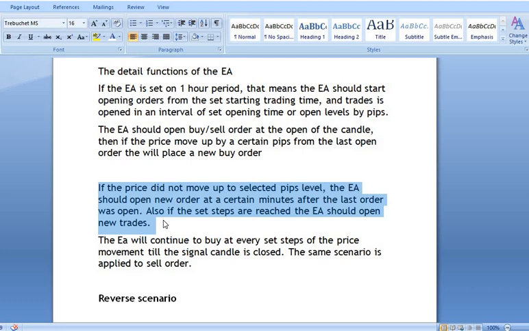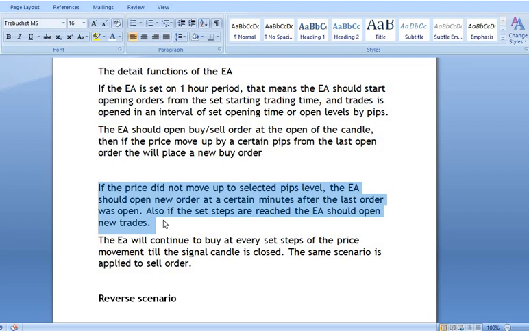So the minute means that once a certain minute is reached after the first opening, and the market has not reached a certain level at that particular minute, I mean, within a certain minute, the EA should place an order in that direction.